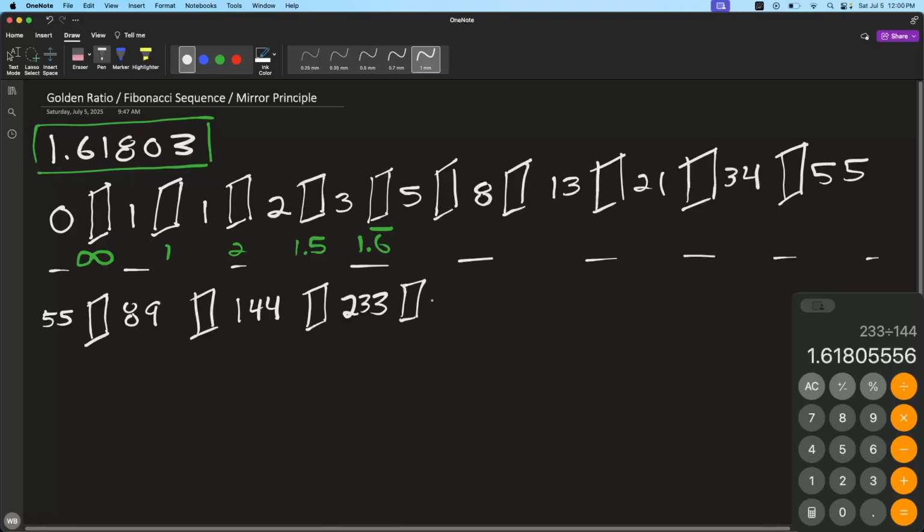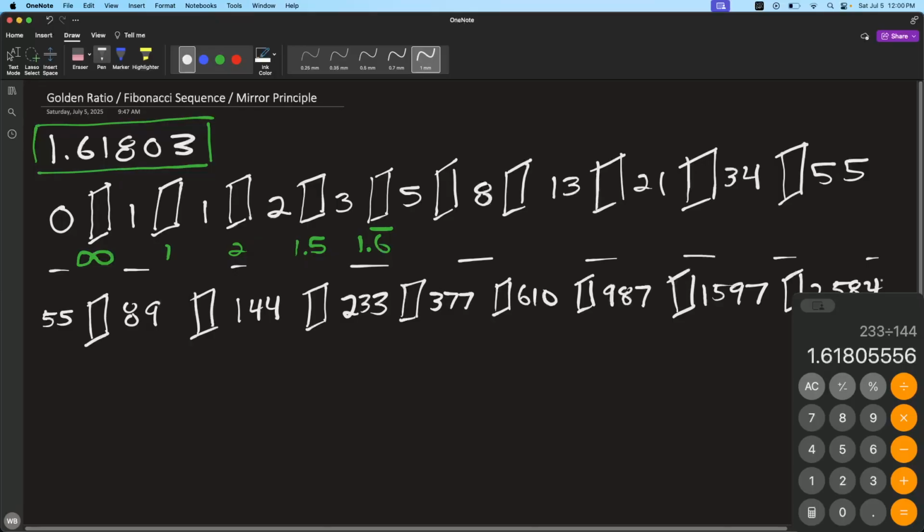So 233 and 144 is 377. 377 mirrored with 233 is 610. 610 mirrored with 377 combined become 987. 1597. 2584. Stop there.